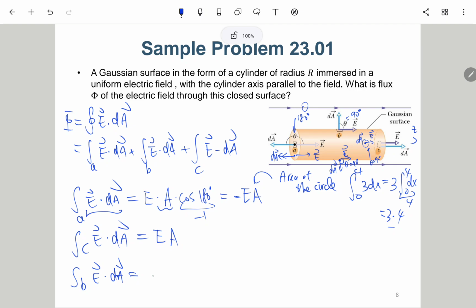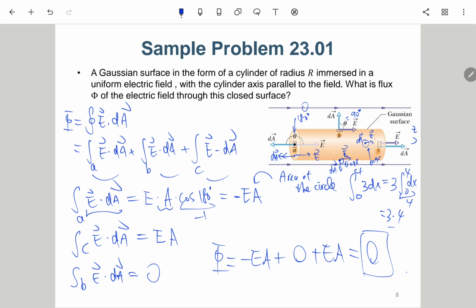We add all the 0s together, so this surface integral turns out to be 0. So we already have these three, and the remaining step is to add them together. It is actually negative EA plus 0 plus EA, so it turns out to be 0.